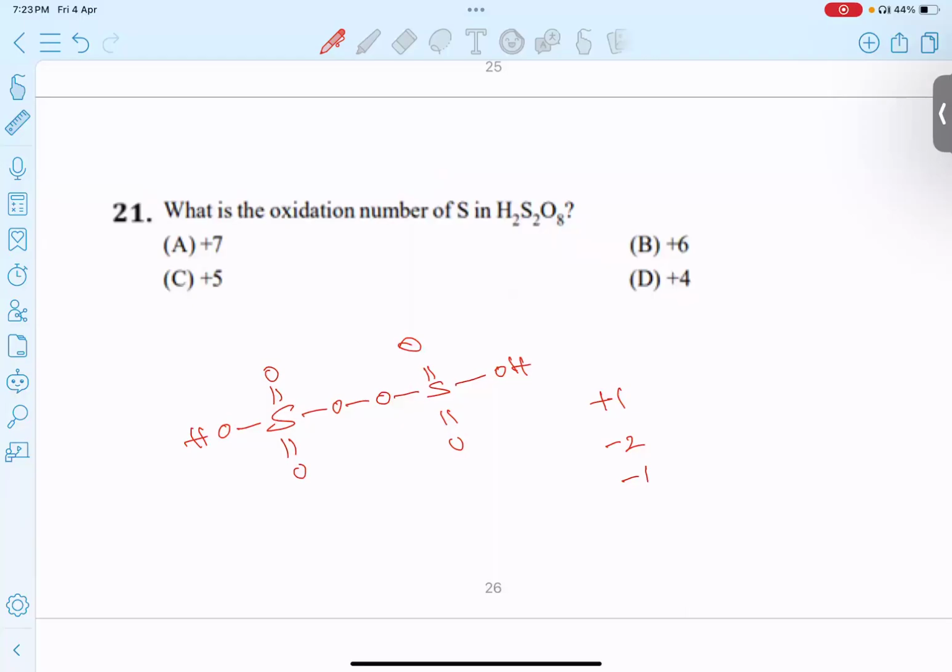Here in this structure, two oxygen atoms are involved in peroxide linkages, so for these two oxygens the oxidation state is -1.